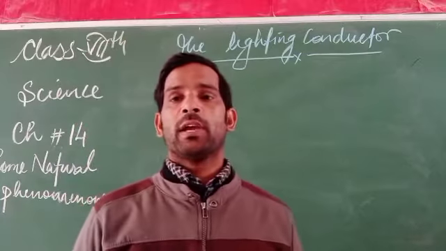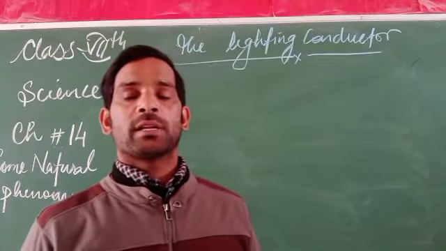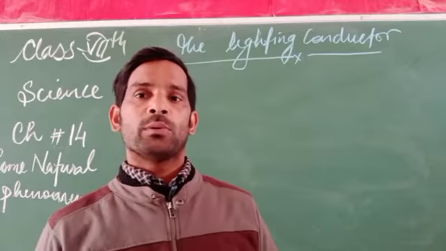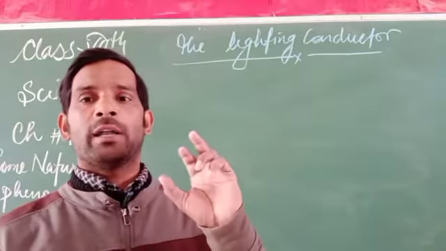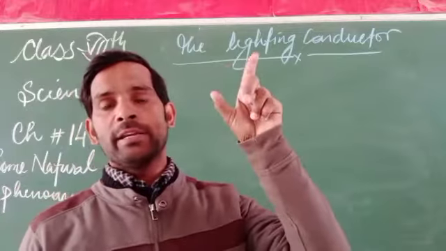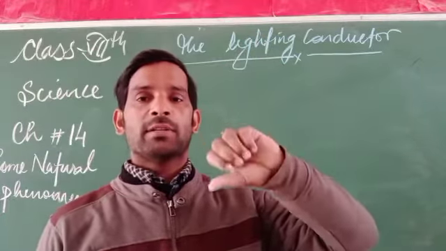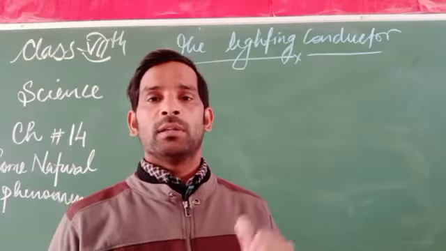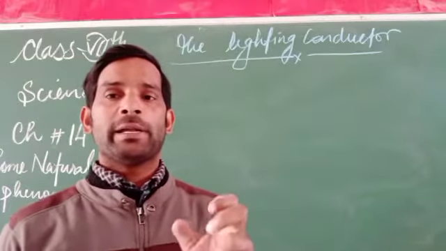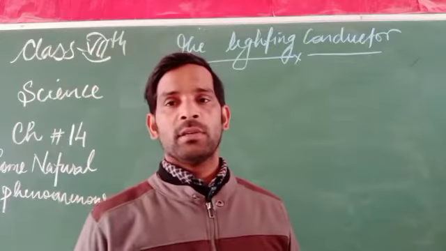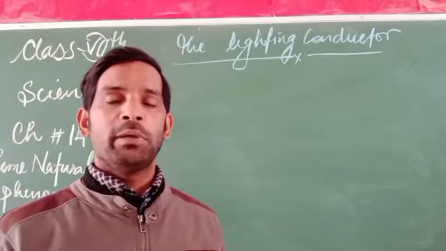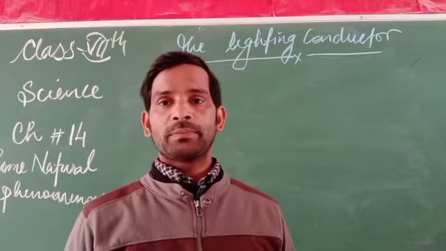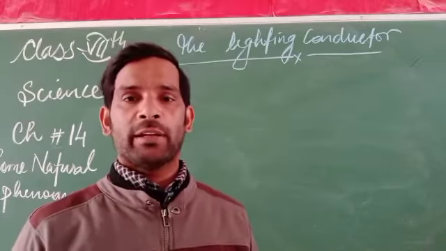Suppose there is a larger conductor through which electricity can pass, one end at height and the other end in the earth. There is a certain plate of metal arranged in such a way that the charges may be neutralized. If the charges get neutralized, the building would not be affected as much.